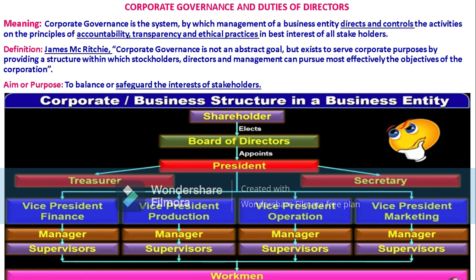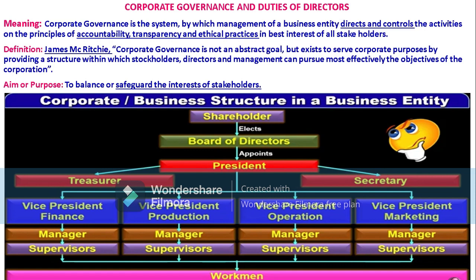Social aspects are nothing but practicing ethical practices, being transparent, accountability, integrity, corporate social responsibility. So all these should be there in corporate governance, then only they can achieve the economic aspects as well as the social aspects. Okay, so corporate governance is very, very important.